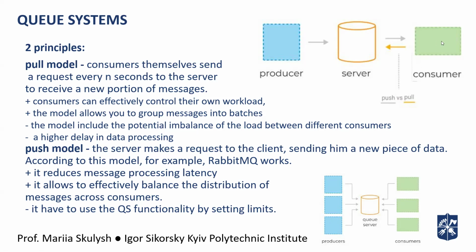In the first model, lots of consumers can ask the server about requests and also divide batches between consumers. The second one, the push model, is when the queuing server sends, pushes requests, information for processing to consumers.